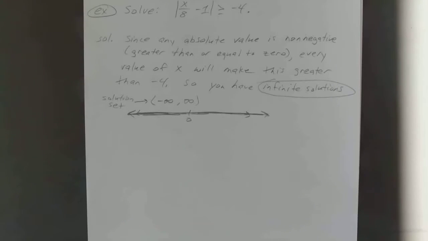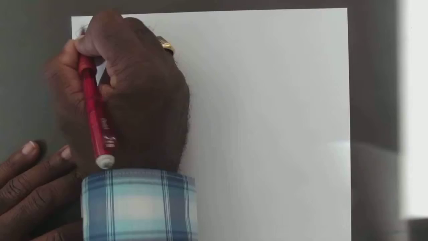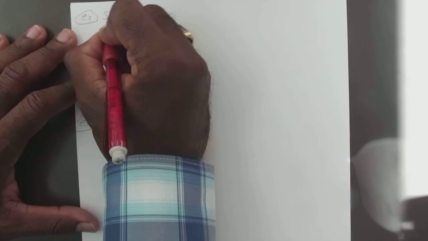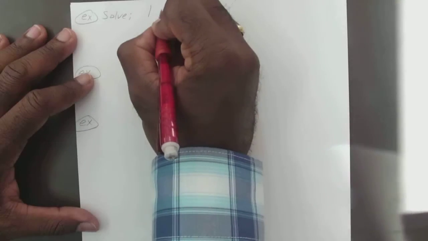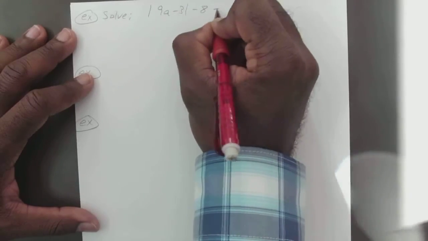Let's do writing. Say for example, I'll put 3 examples here and let you get started on them. The first: let's say you want to solve the absolute value of 9a minus 3, minus 8 equals 4.